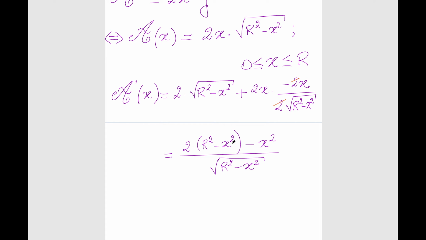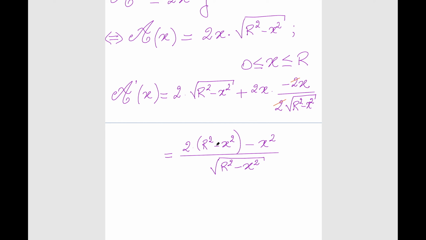So one more time, how did I get this? I created a denominator which is square root of r squared minus x squared. To create that denominator downstairs, you also have to multiply this expression by square root of r squared minus x squared. If you multiply this expression by the square root, it loses its umbrella, because you're squaring the square root, so no more radical.